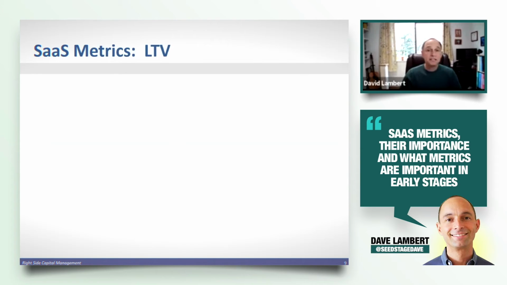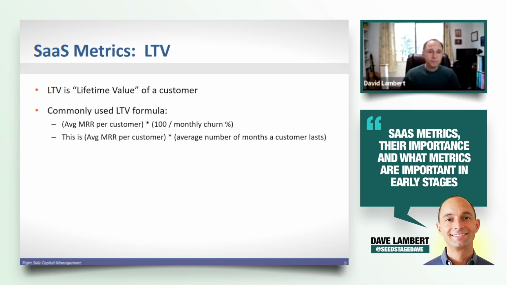So we'll jump into LTV now. LTV is lifetime value of a customer. So if you close a new customer, what's the expected amount of time they're going to stay with you, and how much subscription revenue will you get from them? The most commonly used formula is you take your average MRR per customer, sometimes called average revenue per customer, but just think of it as your average customer MRR, and then you multiply it by 100 divided by your monthly churn.